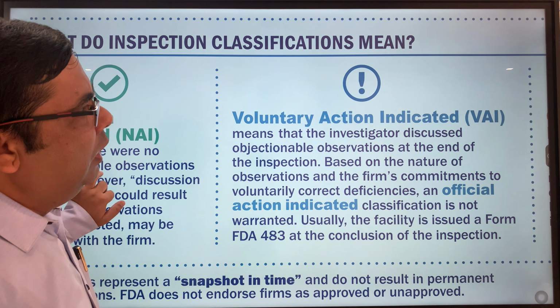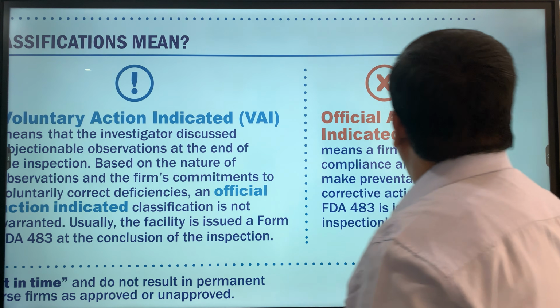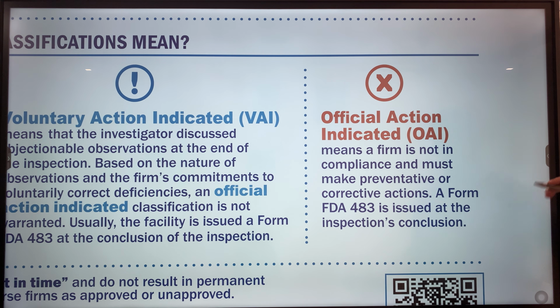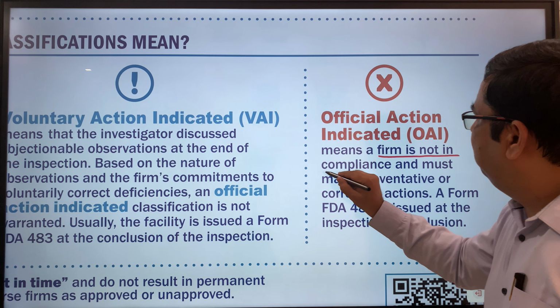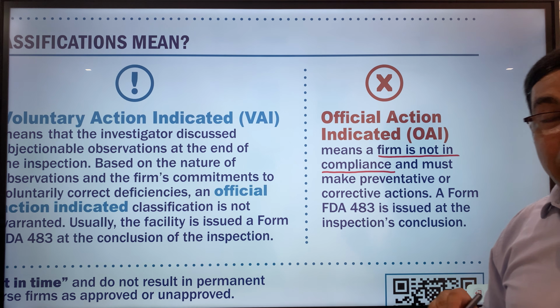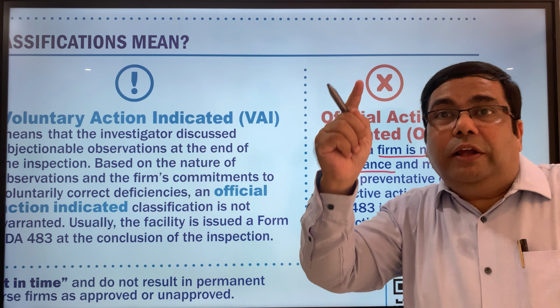Now let us discuss official action indicated. So what is the official action indicated? Very simple. Firm is not in compliance. So if any company gets an OAI, please remember this is alarming for that company.